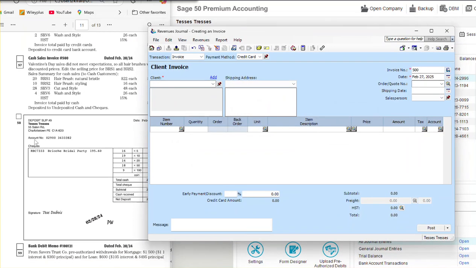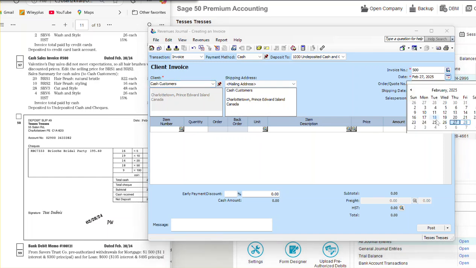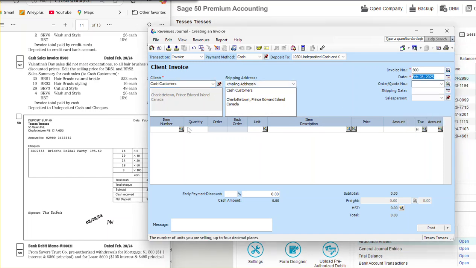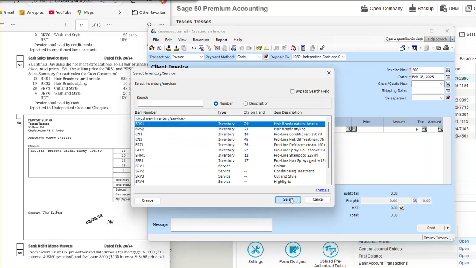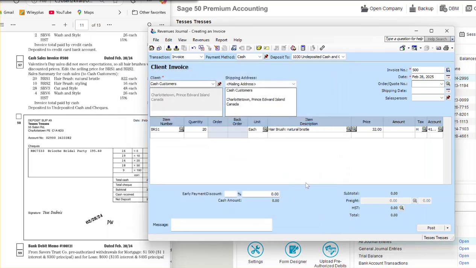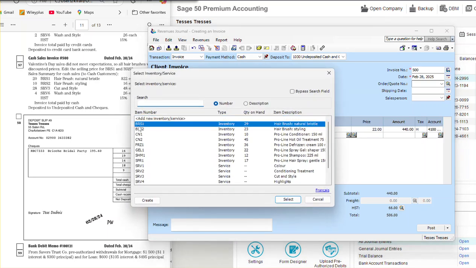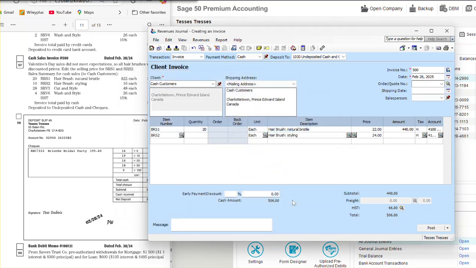Let's go to here. We have a cash sale, so from the cash customer, it is on the 28th, and please make sure the selling price needs to be added, and they said it is 20 and the price should be 22. Go to the next one, BRS2, and the price needs to be edited to $16.